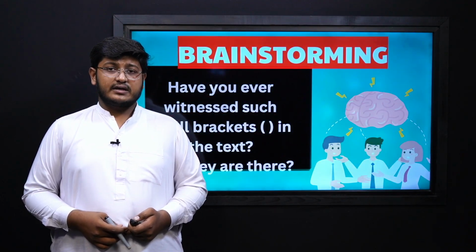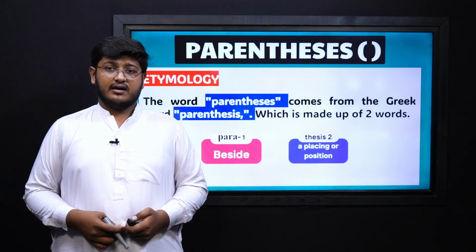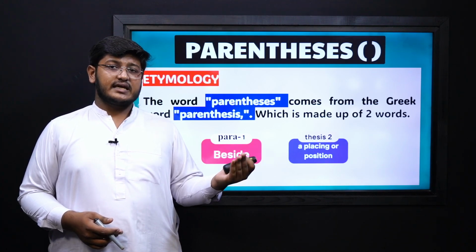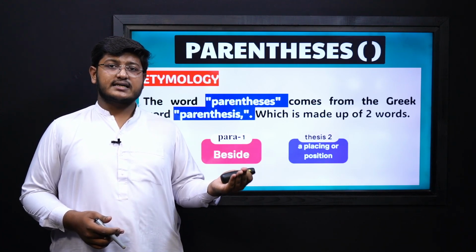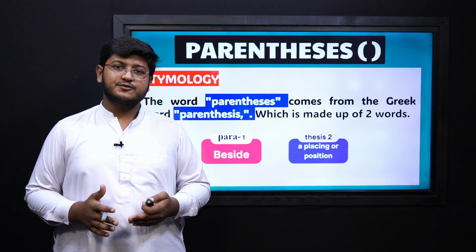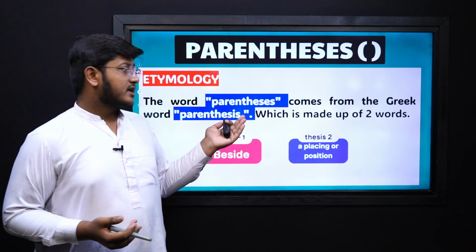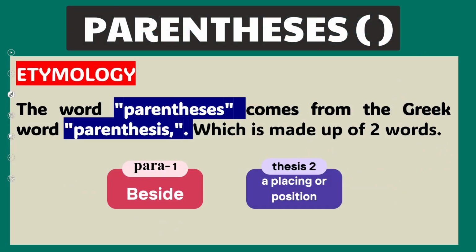Let's find out what these brackets are called. In the general manner, these notations are considered brackets, but actually they are not brackets. They are parentheses, a punctuation mark. And what is parenthesis? To understand it, we have to see the etymology of the word.